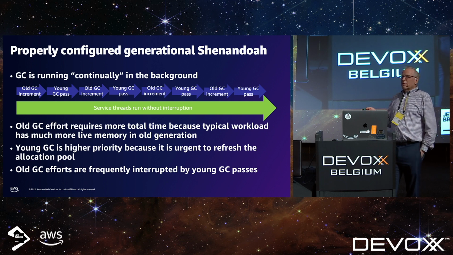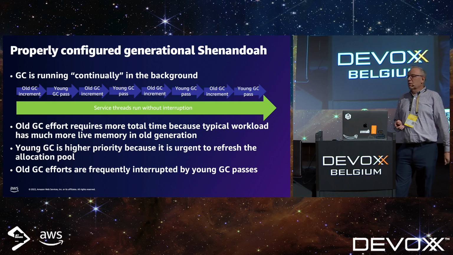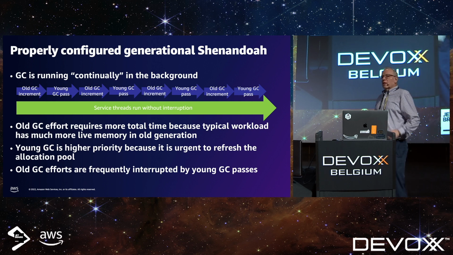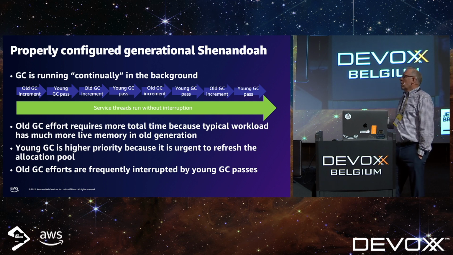The old gen, as I said, could be equal size, it could be even larger than your young gen, and it's 80% utilized if we've got it well configured. So that's a lot of live memory that has to be marked, and so it takes a long time. It takes much longer than a young gen pass. So that has to be incremental, and it has to be preemptible by the young gen collections.